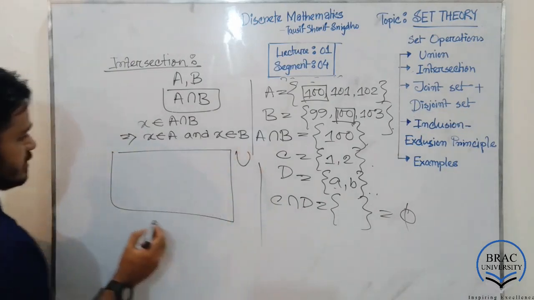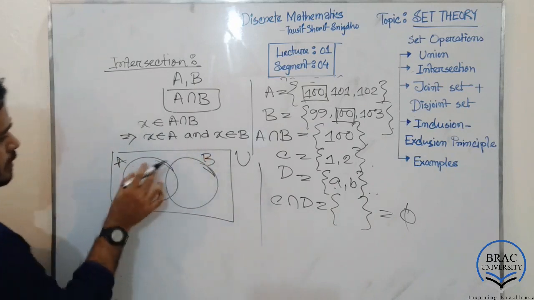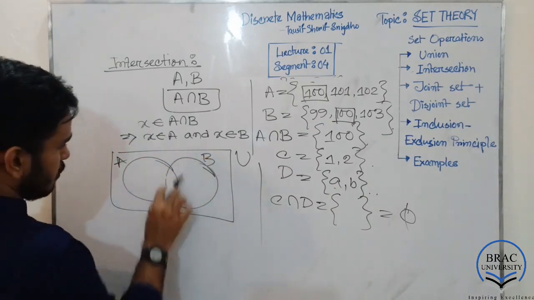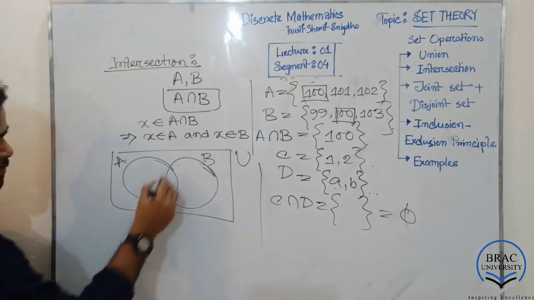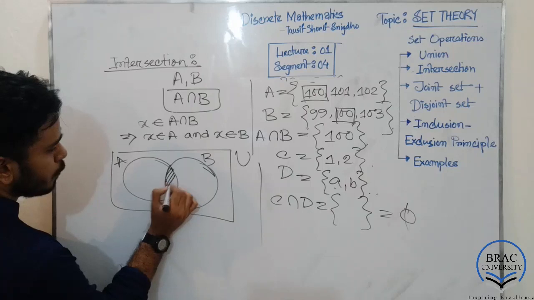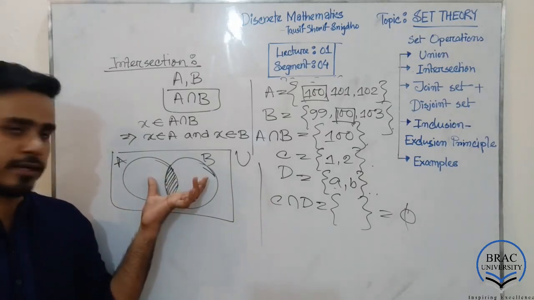This is universal set U, and this is set A, this is set B, and all of the elements of set A belong to this region, and all of the elements of set B belong to this circle. Okay, so here the portion I have shaded now belongs to both of these two circles, right?